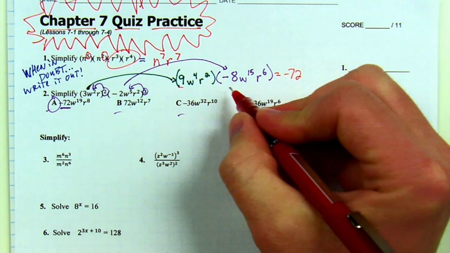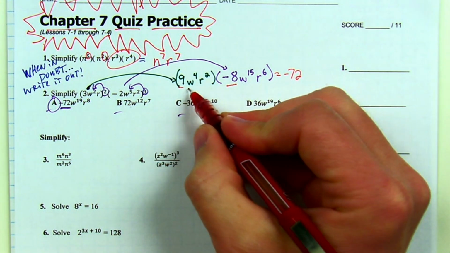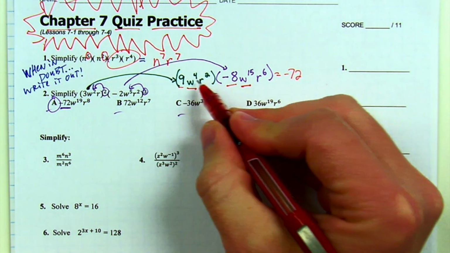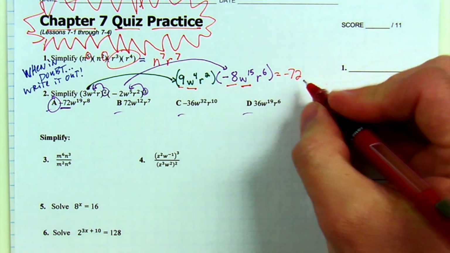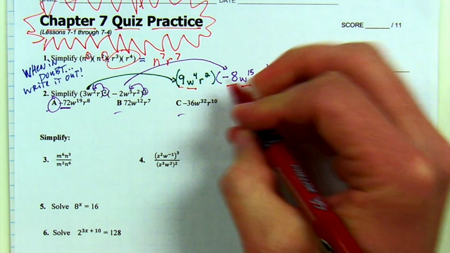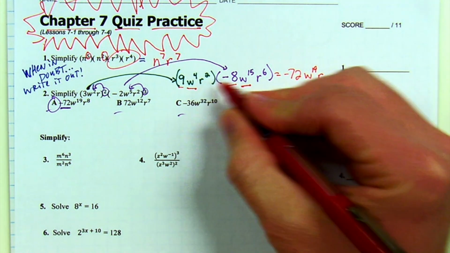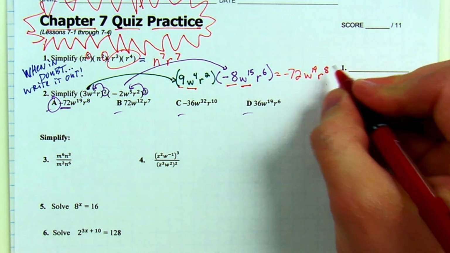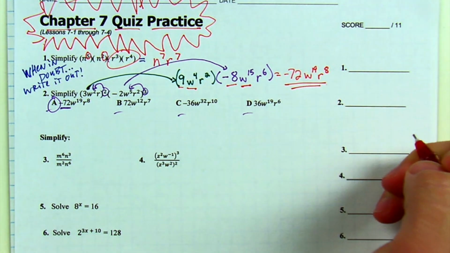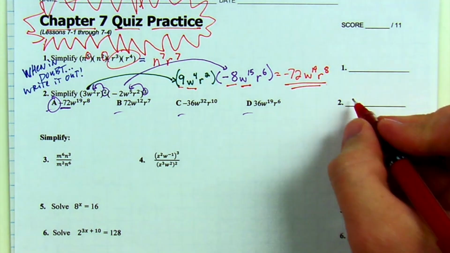That's the 9 times the -8. W to the 4th and w to the 15, there's 4 and then there's 15 more. That's 19 w's. Then r squared, r to the 6th, that's 2 r's and then 6 more r's. So r to the 8th is what your final answer would be on that. So A is the correct choice.